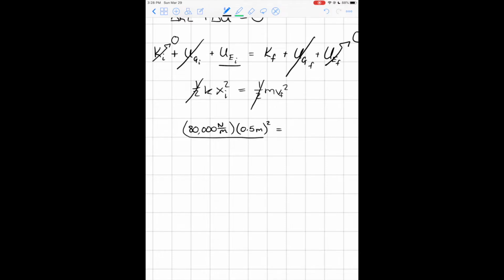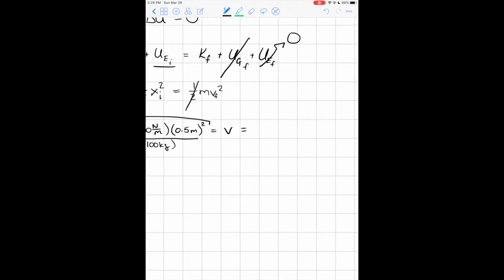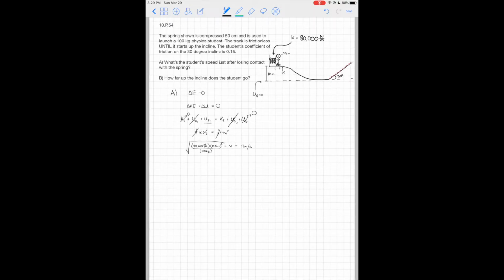I know that my mass of the student is 100 kilograms, times V squared. If I get rid of the square there and take a square root on this side, what do I get? I end up getting 14 meters per second. So that's the speed right after I lose contact with my spring.